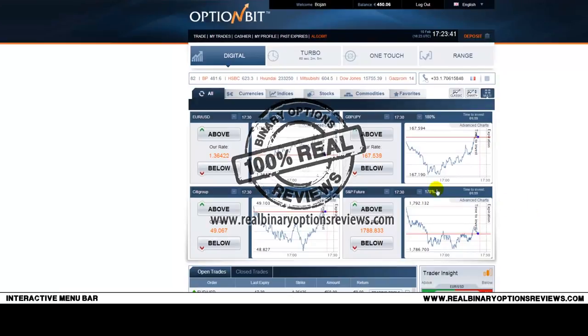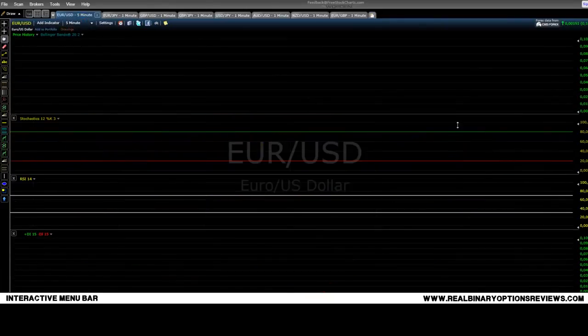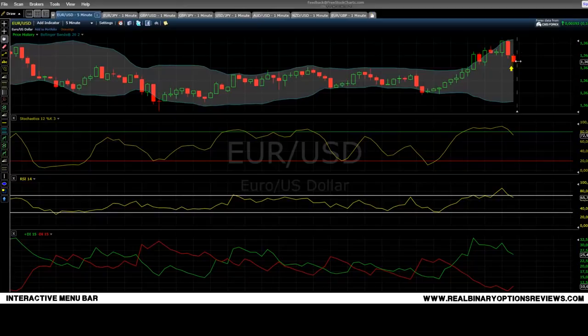And I'm going to fast forward this, and we're going to see what is going to happen with this trade. I'm going to change this back to the 5-minute chart, and we will see if the price will go up or down. Now there is still a possibility for the price to go down, because you see even on the 5-minute chart the stochastic was high and the RSI was above the level 70.